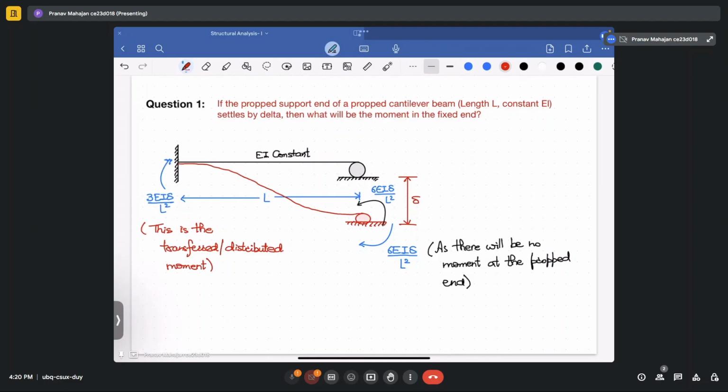So if this 6 EI delta upon L square is generated, then to make the structure stable, the carryover moment is applied at the fixed end support. That will be 3 EI delta upon L square. So your moment at fixed end due to settlement will be equal to 3 EI delta upon L square. Okay.